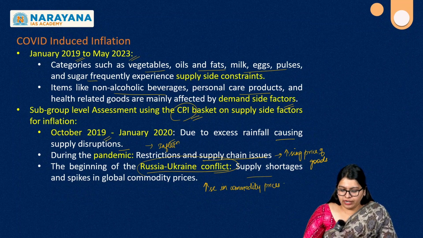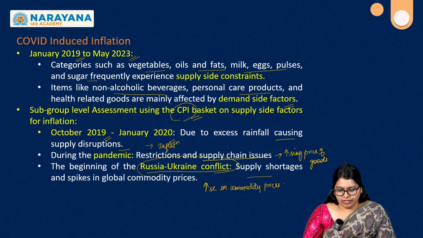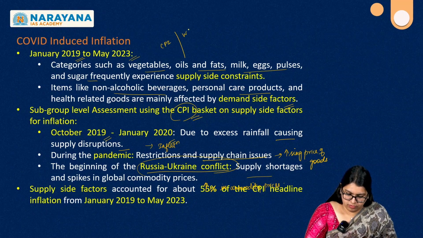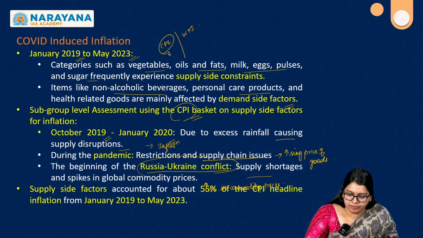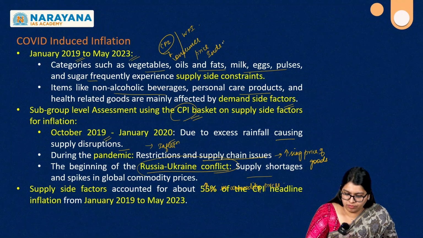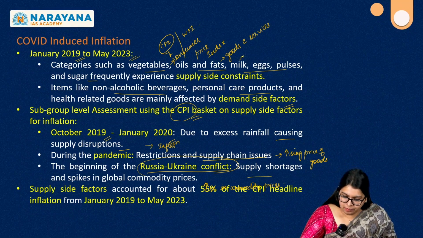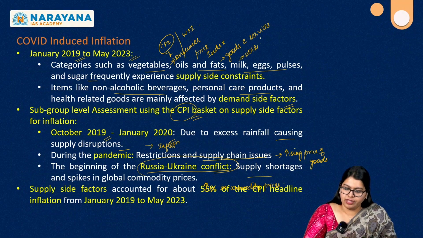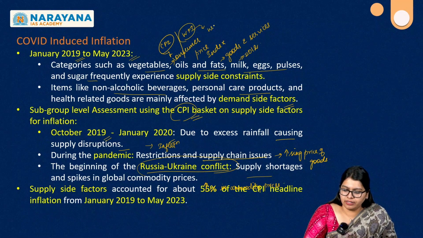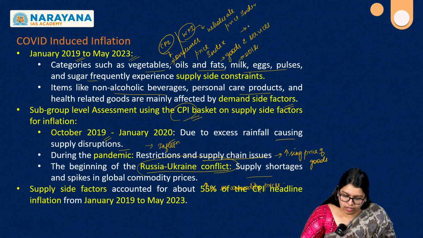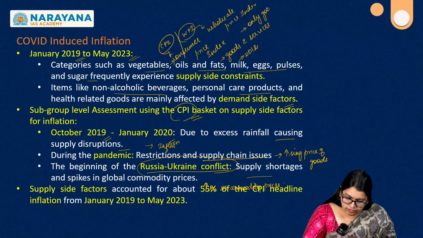So here we need to understand what CPI and WPI are. CPI is the consumer price index, which takes into account both goods and services to measure inflation, and the base period is 2012. Whereas WPI is the wholesale price index, which takes into account only goods, and the base year is 2011-12.